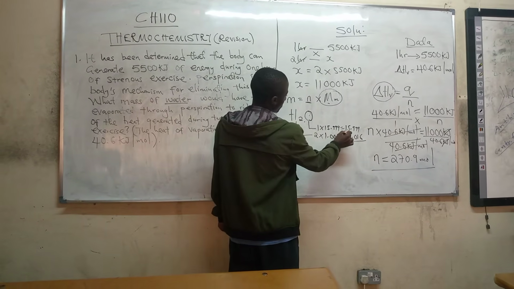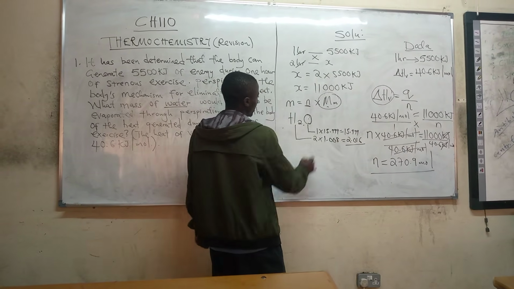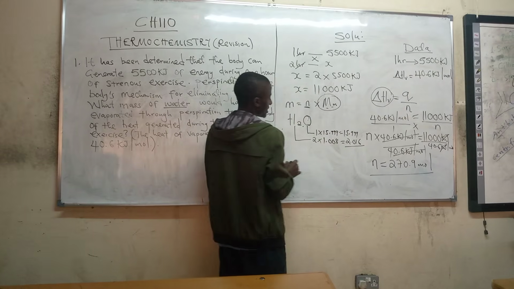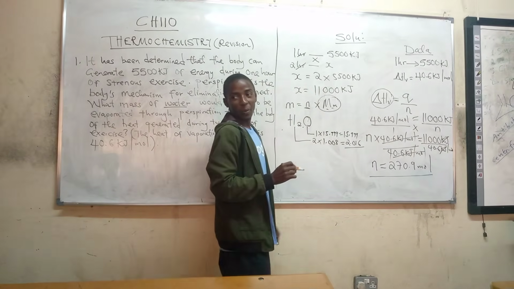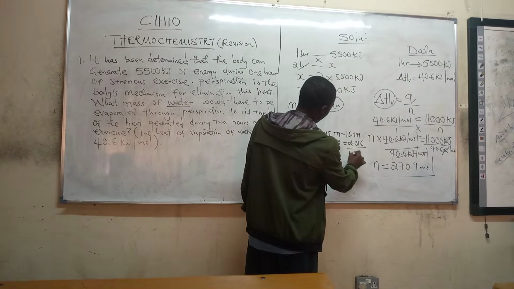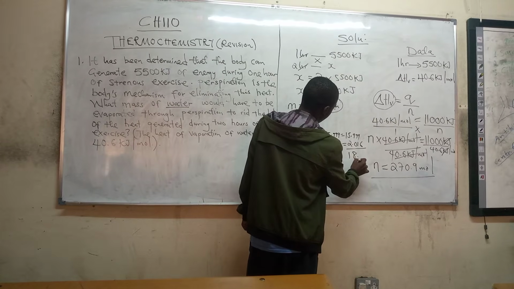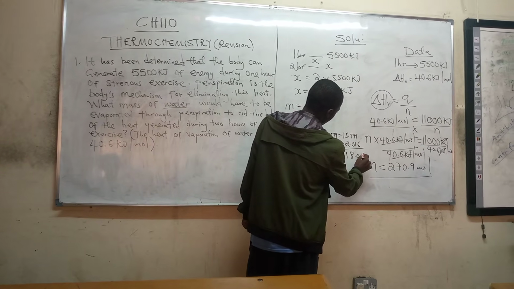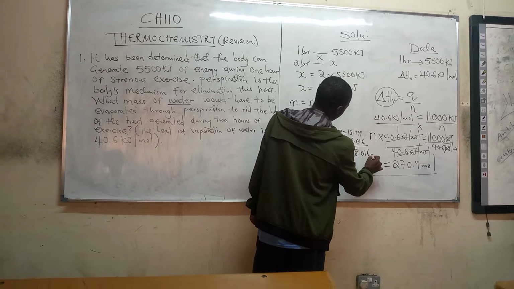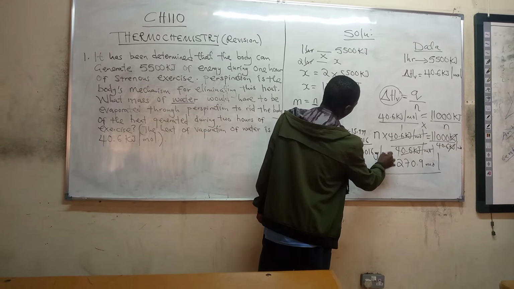From there, you add these two so that you find the molar mass, 18.016 grams per mole.